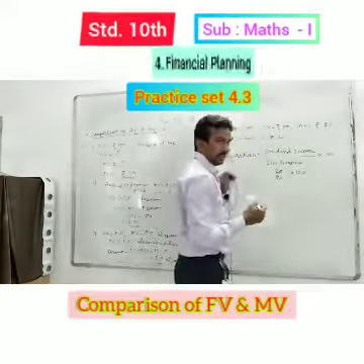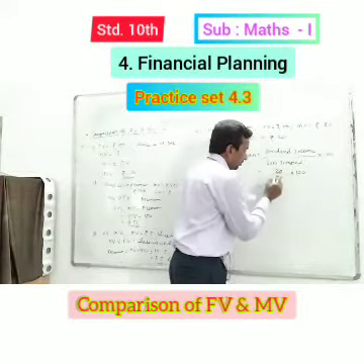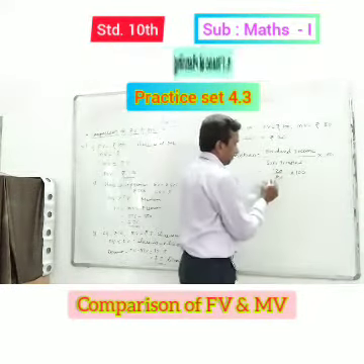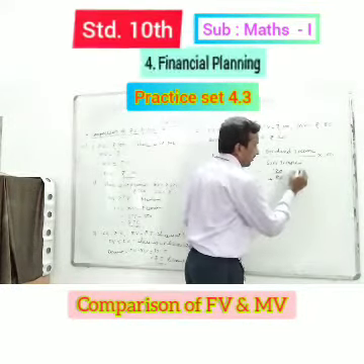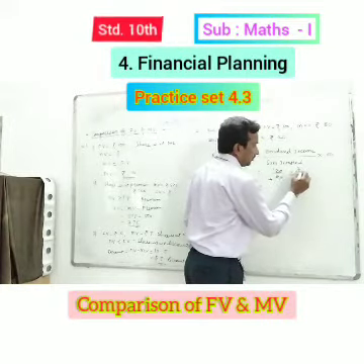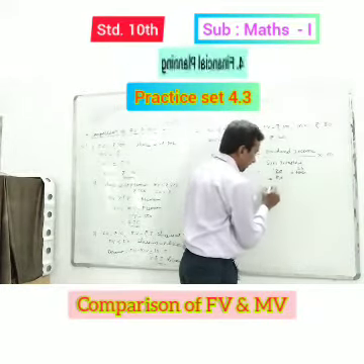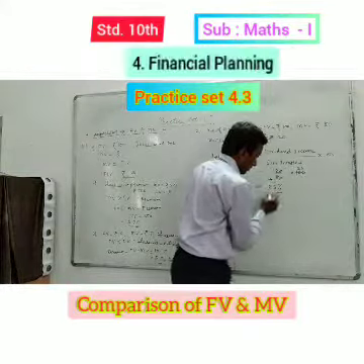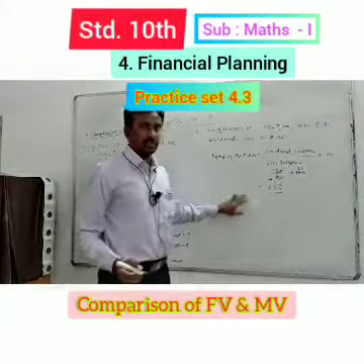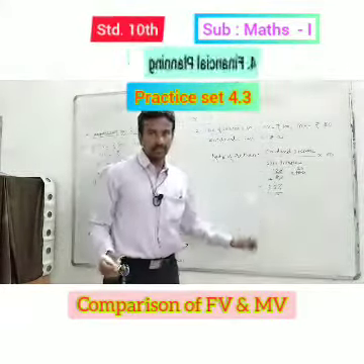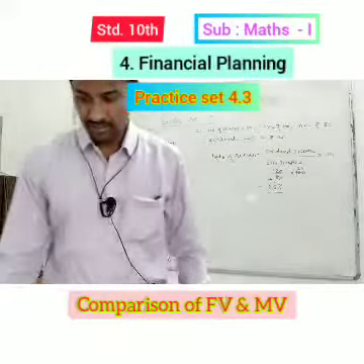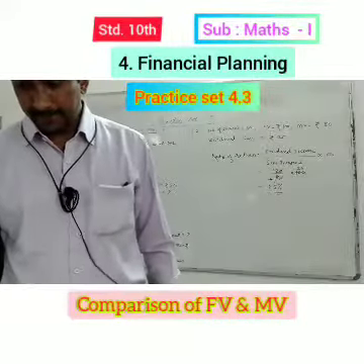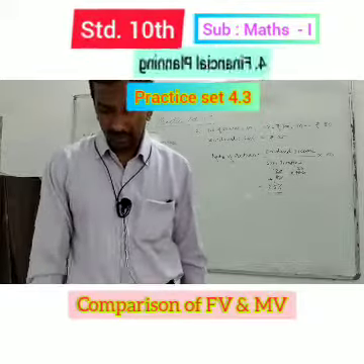Zeros get cancelled. 2 1s are 2, 2 4s are 8. Now 4 1s are 4, 4 2s are 8, 4 5s are 20. Means rate of return per share is 25%. Got it? Okay.